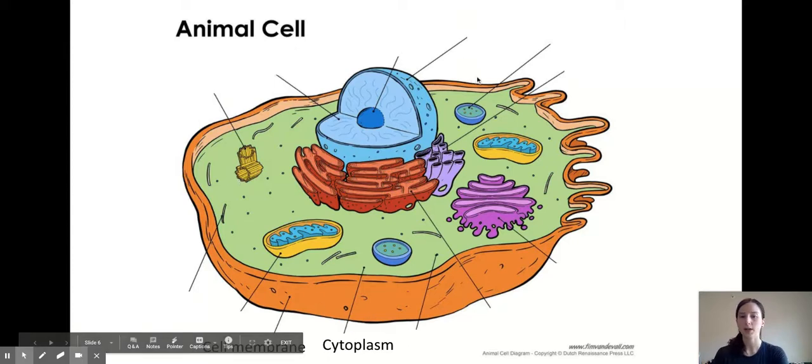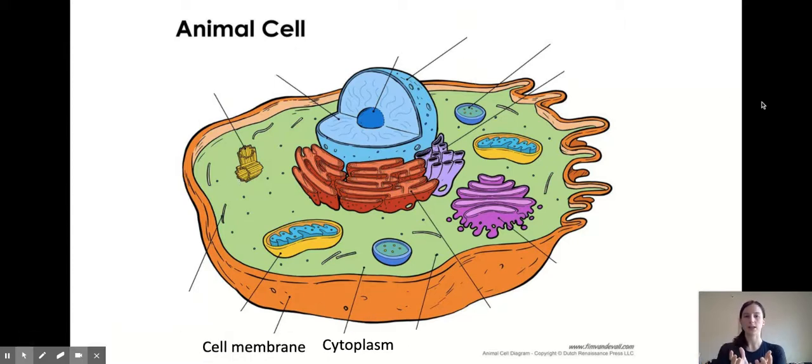The cell membrane is a layer on the outside of the cell and it is going to hold everything in. We call it selectively permeable because it's really specific about what it lets in and out of the cell. So it's only going to let certain compounds move in and out of the cell at certain times and in certain concentrations. So it's very selective, which is a good thing.